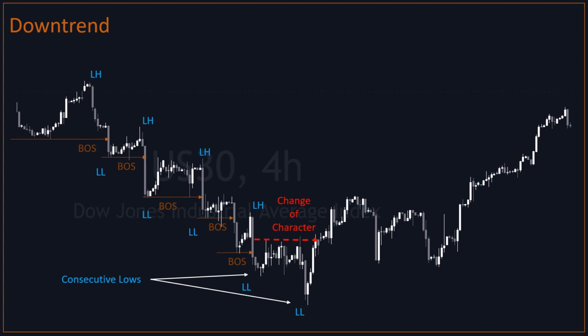This is a signal that the downtrend is coming to an end. It's a signal that the sellers are losing momentum and the buyers are now stepping in. From there we can see that price came back to retest and then pushed all the way to the upside.